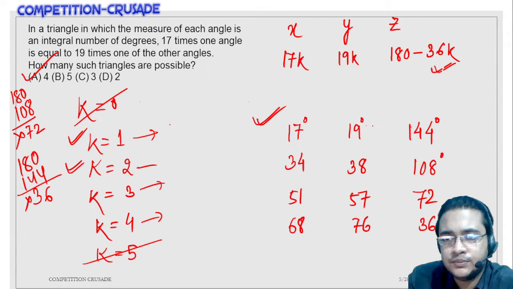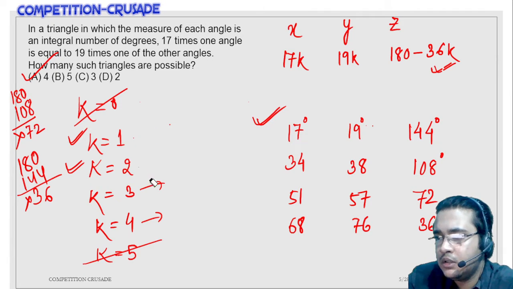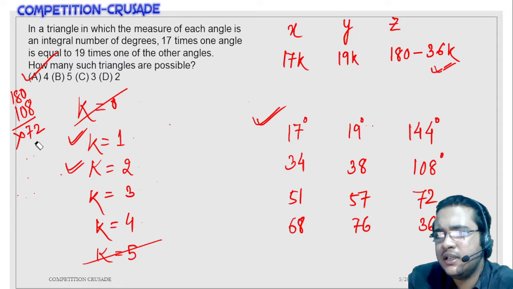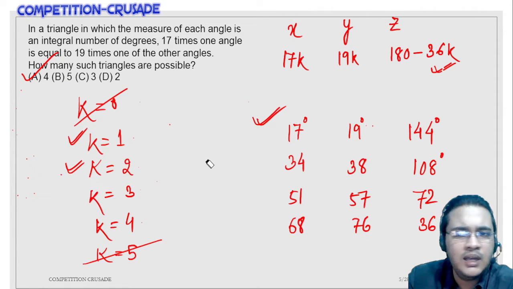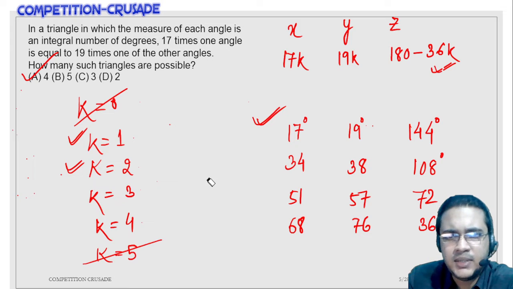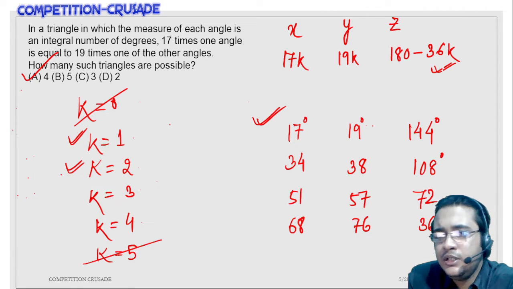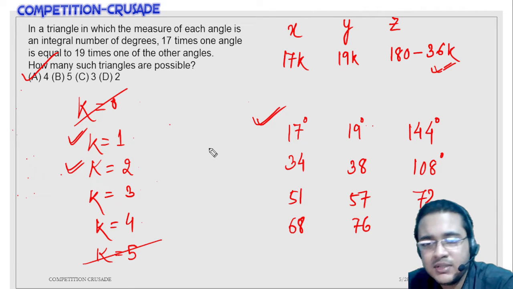I hope this made sense. And guys, again, if you have a different method to solve this question, you can share it with me in the comment section. Obviously after I have solved this question, it becomes really easy.